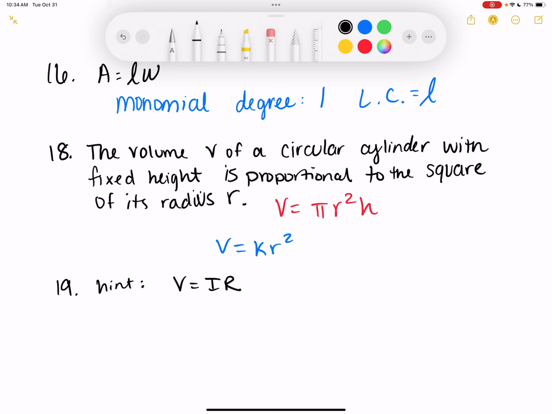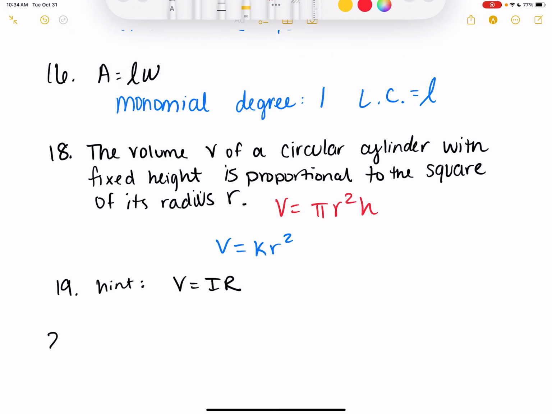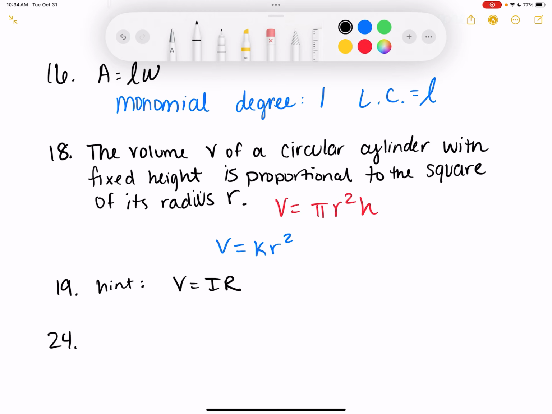All right, write a sentence that expresses the relationship in the formula using the language of variation or proportion. So 24, C is equal to pi d, where C and D are the circumference and diameter of the circle and pi is its usual mathematical constant. We don't need to write all that. That's just informing us of what we already know.